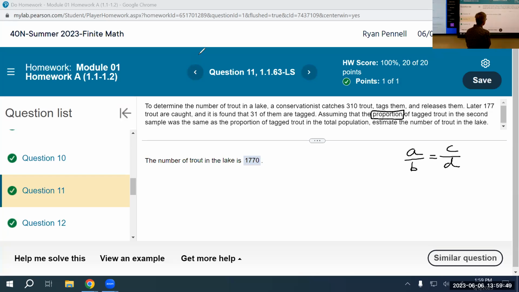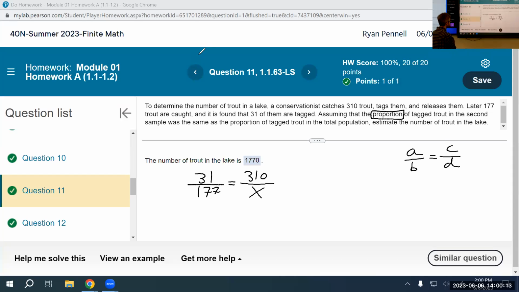All right. So 31 of them are tagged out of 177. And before, there was 310. So how many is in the lake? I mean, that's a guess.